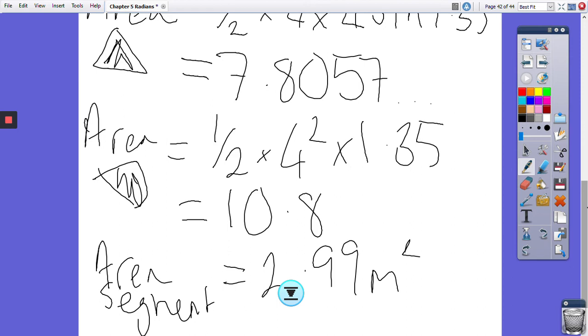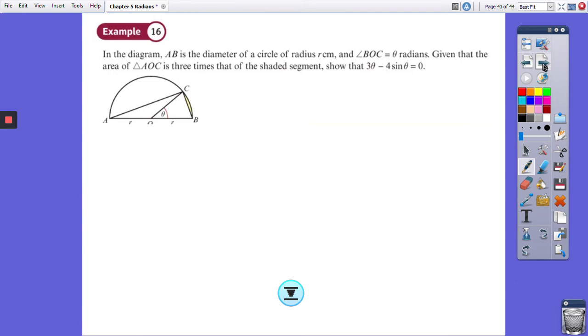Okay, so let's move on to the final example, which is, I'll be honest, a bit vicious. Now, before I even start this, I'm going to tell you something that you might not have spotted.